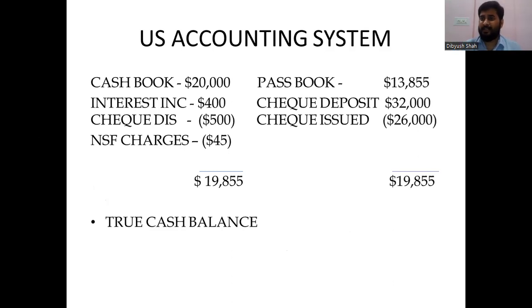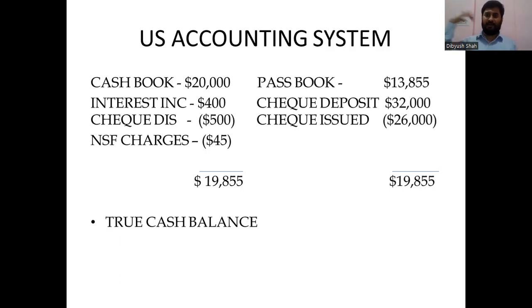It will tell you, take your cash book balance separately, $20,000. Take your passbook balance separately, $13,855. These are two separate balances. Now, what do you do with the cash book? In your cash book, you will only make those adjustments which have already been done in the bank passbook but you were not aware of, which in this case is interest income.